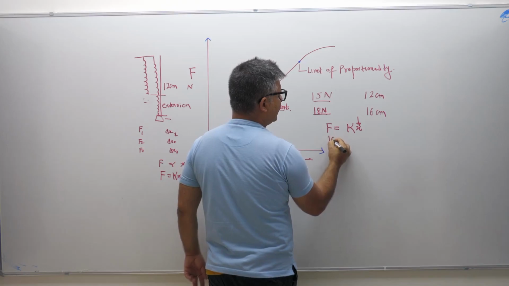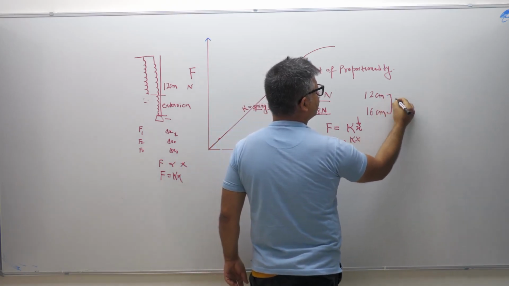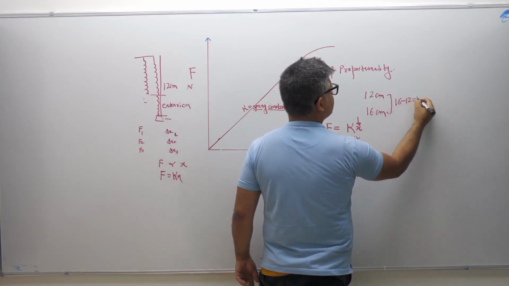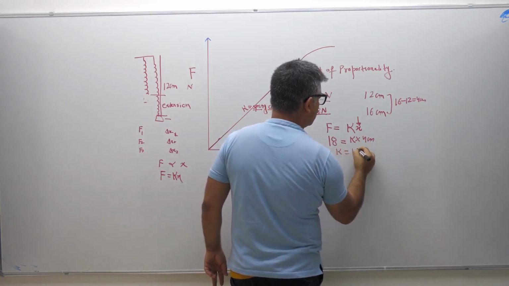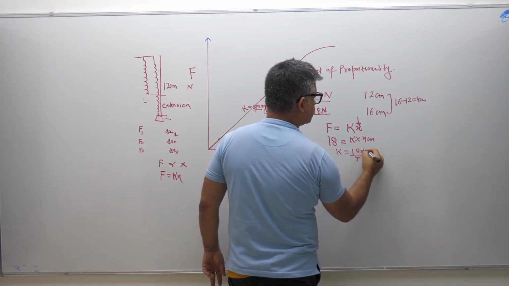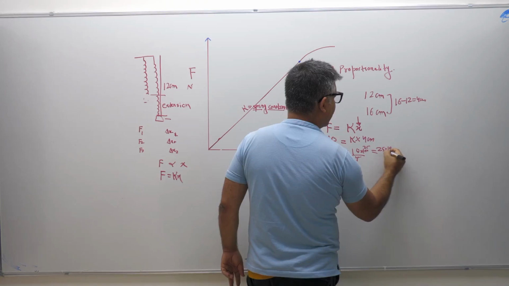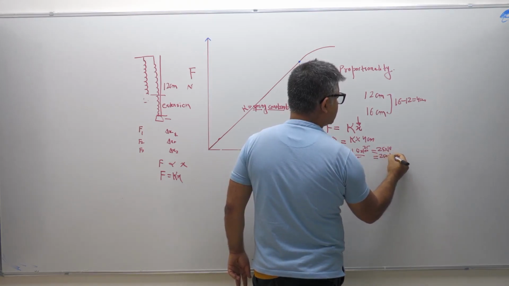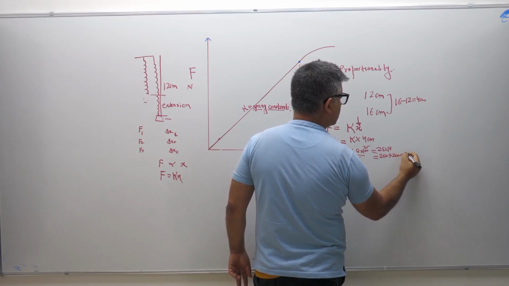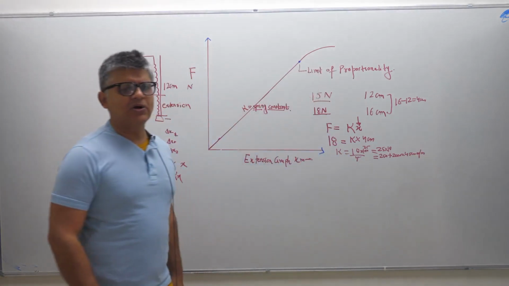The force is 18 newtons, equal to K multiplied by the difference of these two, which is 4 centimeters, and therefore K is equal to 18 divided by 4 by 100. I convert this into 25, and you can multiply 25 into 18, and you get 2,500 plus 2,000, which is 4,500 newtons per meter as your spring constant.